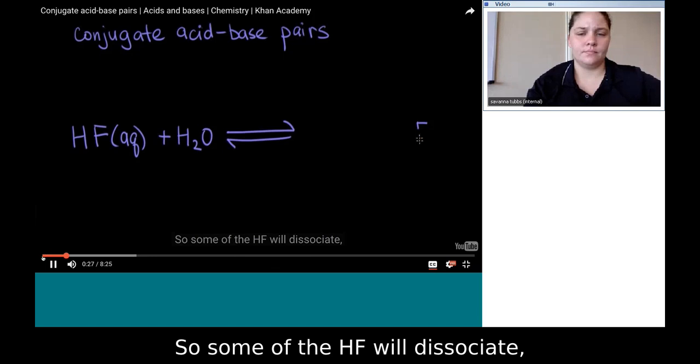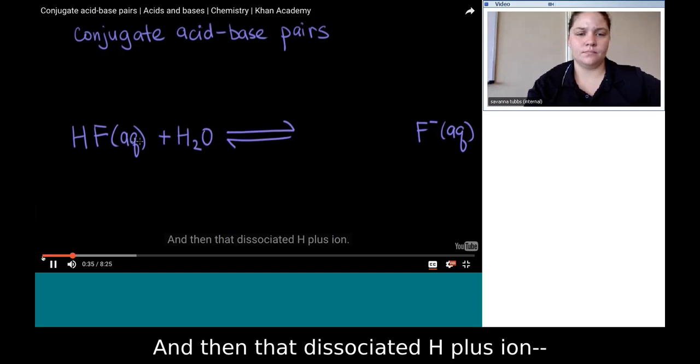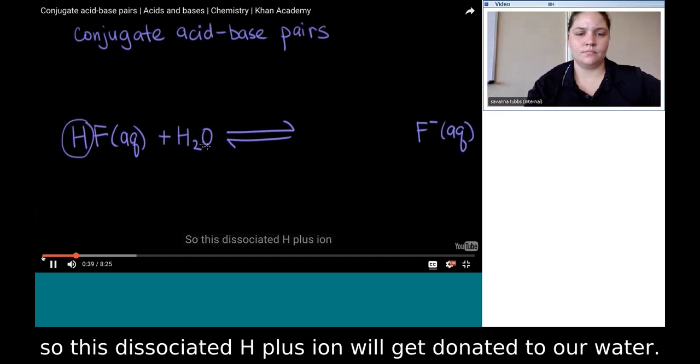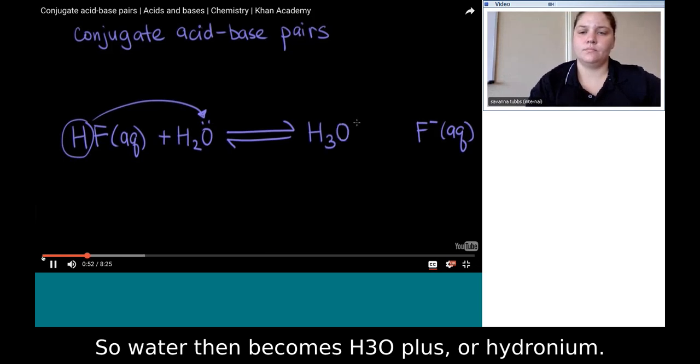So some of the HF will dissociate, and you'll get fluoride ions. And then this dissociated H+ ion will get donated to our water. So water then becomes H3O+, or hydronium.